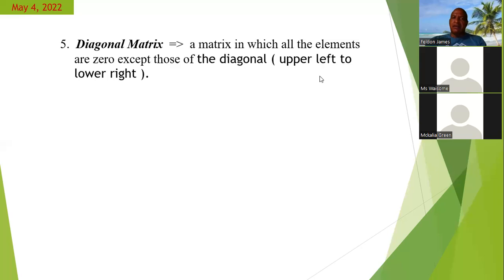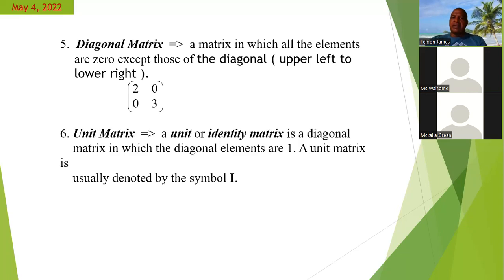Next we have what we call a diagonal matrix. Now a diagonal matrix has non-zero elements along the diagonal, right? So when the matrix has all the elements as zero, except for the diagonal, the matrix is referred to as a diagonal matrix.